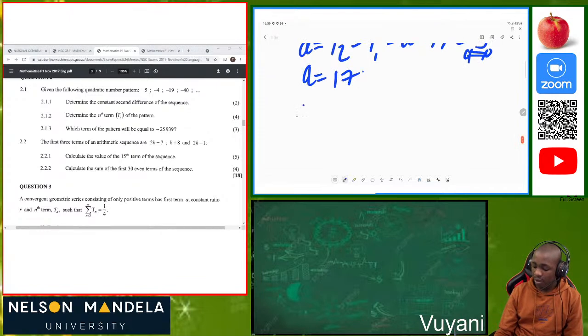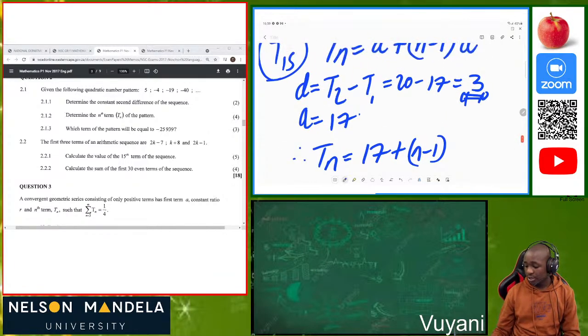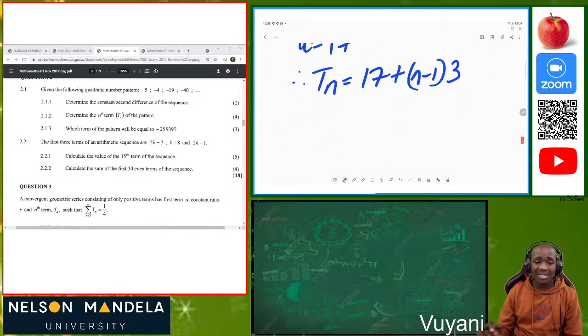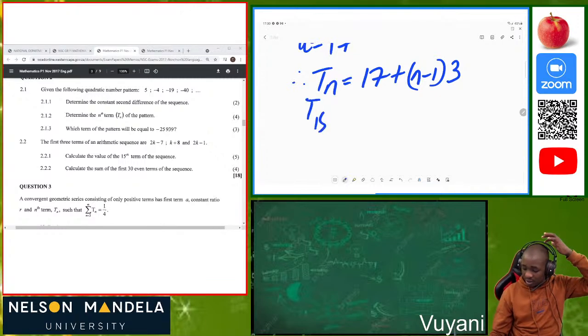So therefore, we can say Tn will be equal to 17 plus n minus 1 times our constant difference, which is positive 3. We are asked to calculate T15. So wherever we see n, we replace with 15.